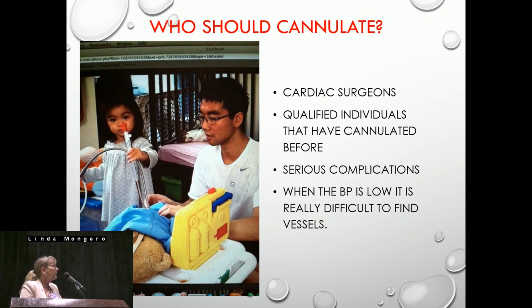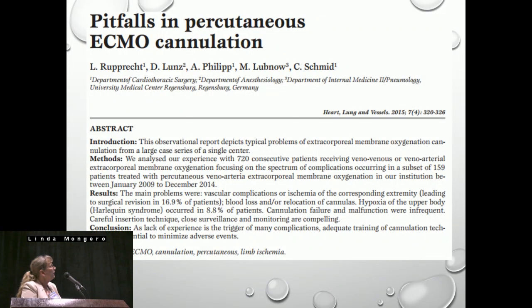So when the blood pressure is low, again, it's difficult to find these vessels. This is an article that was written, The Pitfalls in Percutaneous ECMO Cannulation. Basically it's an observational report talking about 720 consecutive patients receiving VV or VA ECMO from January 2009 till December 2014, so right when H1N1 hit, so they started doing a bunch of cases.